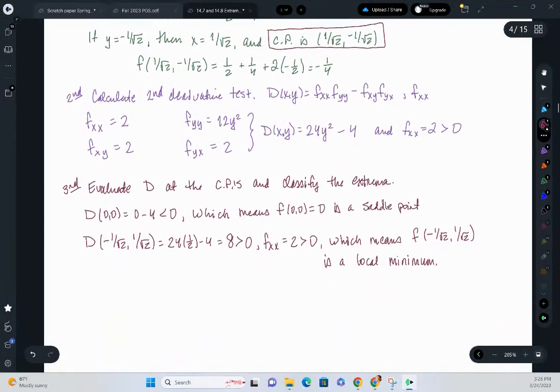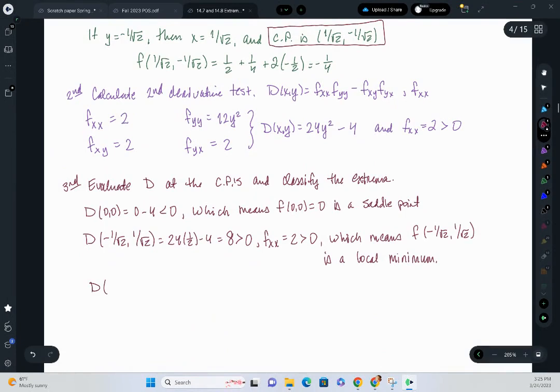Okay, and then we can do the last one. Big D of positive 1 over root 2 with negative 1 over root 2 is going to again be 24 times the half minus 4, which is 8. And again, that's positive. And again, f sub xx is equal to 2, and that's positive, which means, oh, I forgot to include the value.